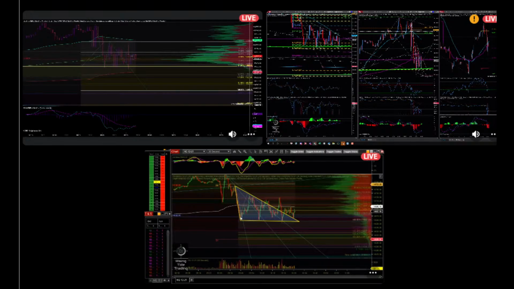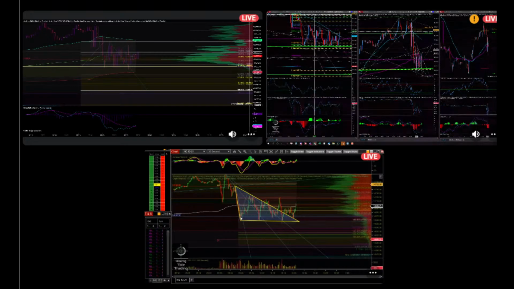It loves this range. It does. Yeah, it loves this range and tries to lead.